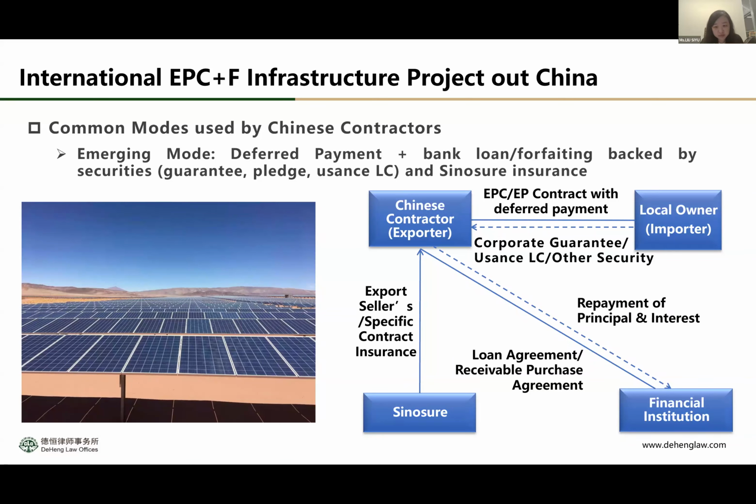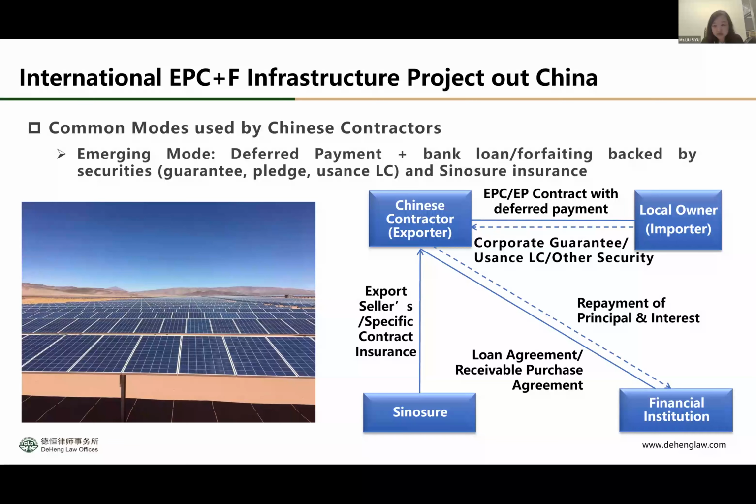It can be a corporate guarantee, a usance LC or other securities, sometimes a pledge of shares or other mortgages or securities. In that situation, the Chinese contractor can further get insurance from Sinosure, like export seller's insurance or specific contract insurance, to make sure that when the local owner fails to pay at the end of the project, Sinosure will pay for them.